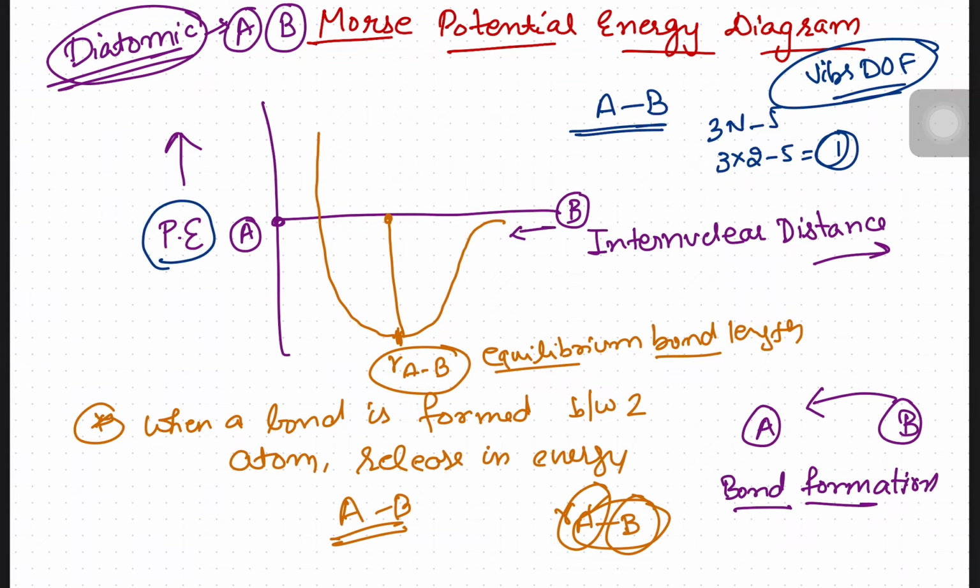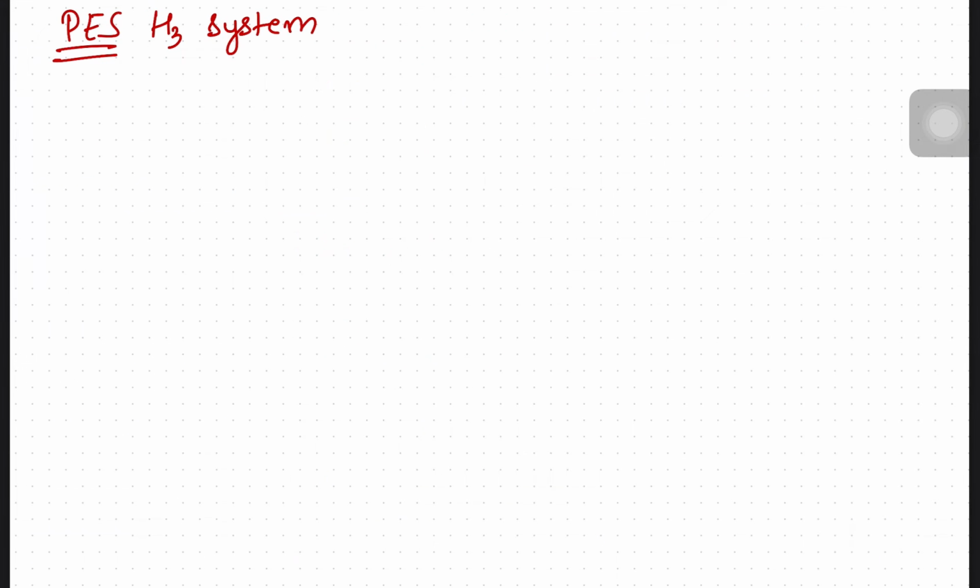So we have plotted potential energy against one reaction coordinate. Understand this point very carefully.